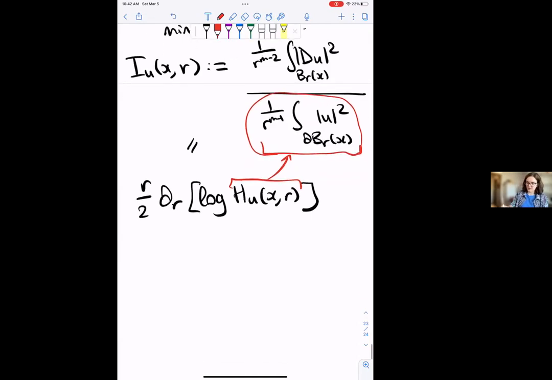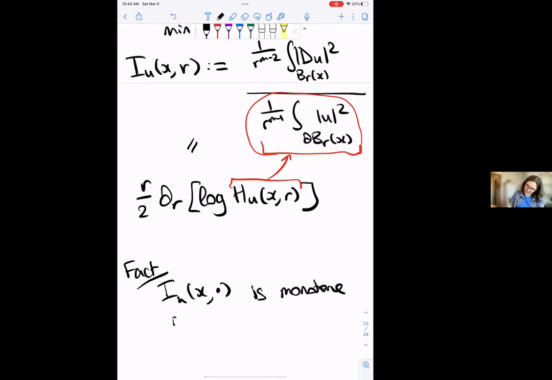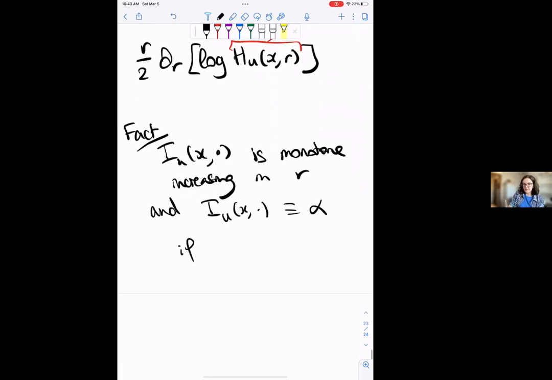And it turns out that computation tells you that this frequency is monotone increasing in r, and it's constant equal to some value alpha if and only if u is alpha homogeneous about x.